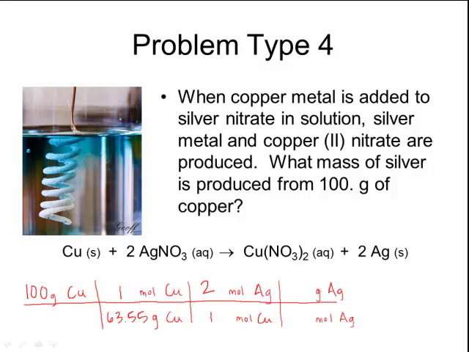And then here, converting between grams and moles of silver, I'll need the molar mass of silver, which is 107.87 grams per mole. In your calculator, you'll take all of the top numbers and multiply them together, and then divide by all of the bottom numbers multiplied together. And if you plug these into your calculator correctly, you should get an answer of 339 grams of silver.